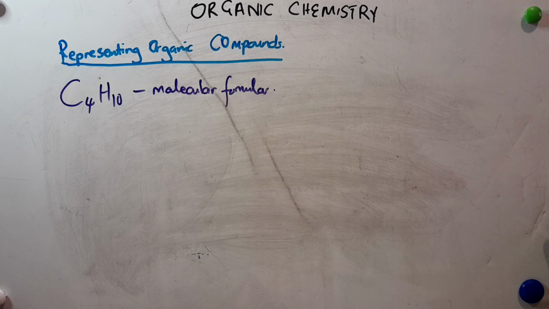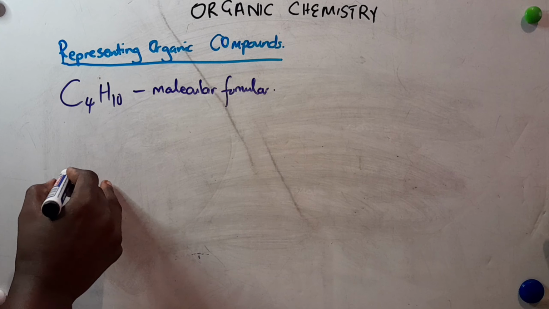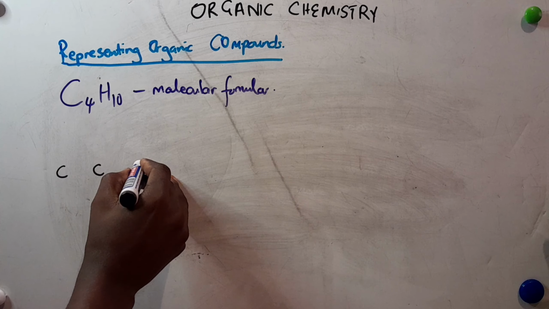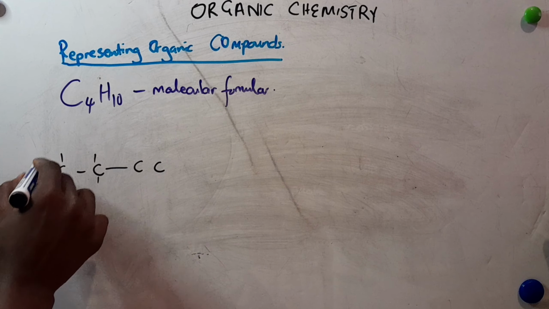And then we have the structural formula. If you are trying to draw the structural formula of this, it will be C, C, C, C, something like that.